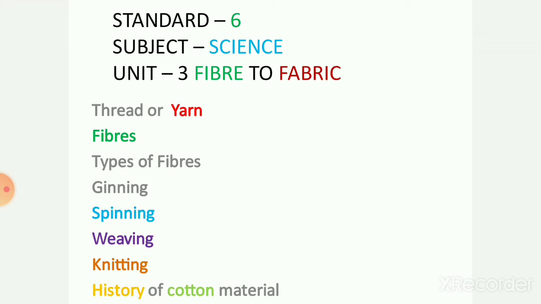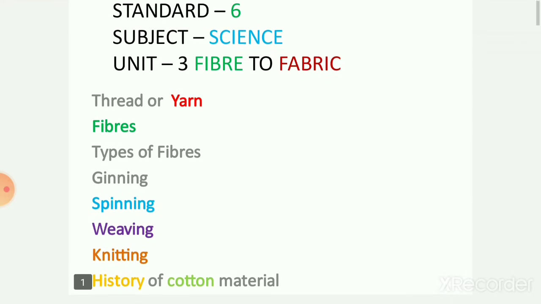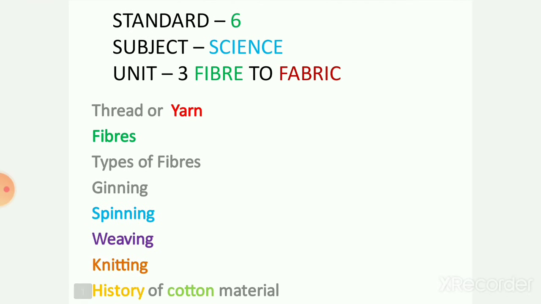In their shop there are towels, dress materials, tablecloths, curtain cloth, bed sheets, blankets. So there are different kinds of clothes, different materials of cloth.